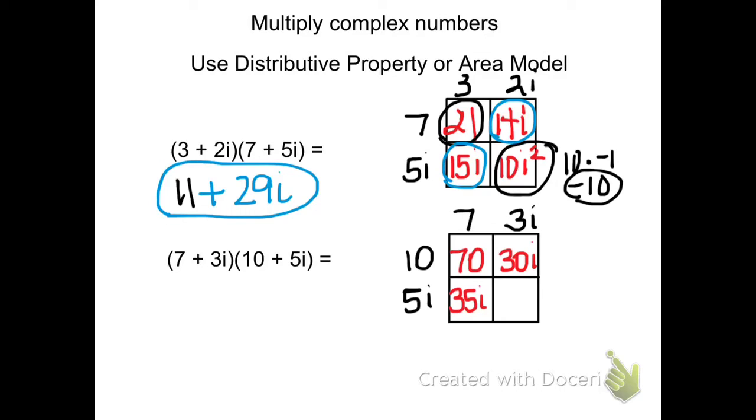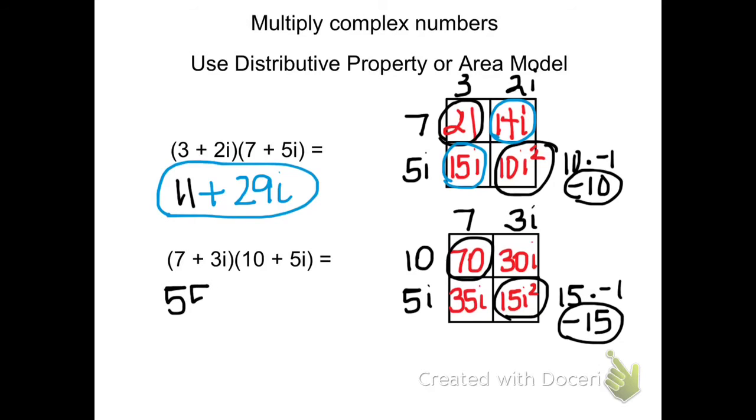And 3i times 5i is 15i squared. Again, remember that i squared is the same thing as negative 1. So that would be 15 times negative 1, which is negative 15. If I combine my like terms, negative 15 and 70, I get 55. I also need to combine my i's. I'm going to add 30i and 35i, and that's going to give me 65i.